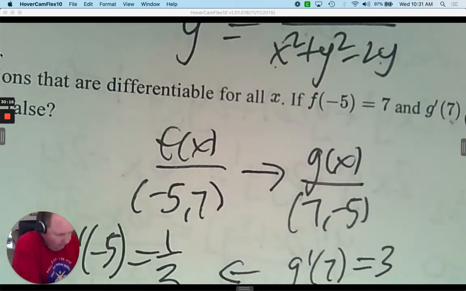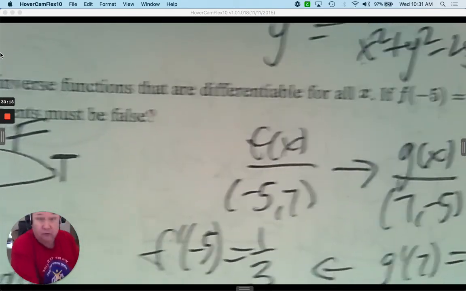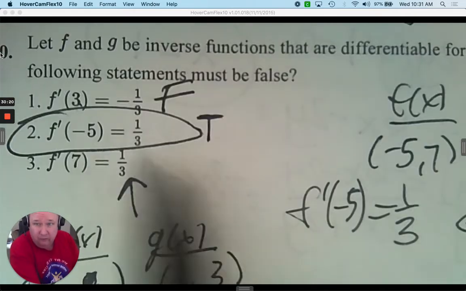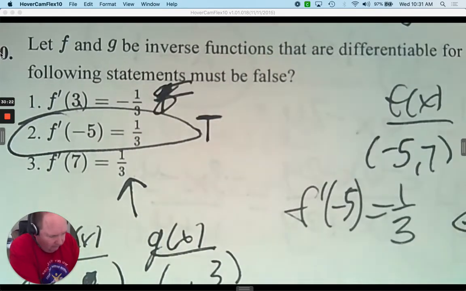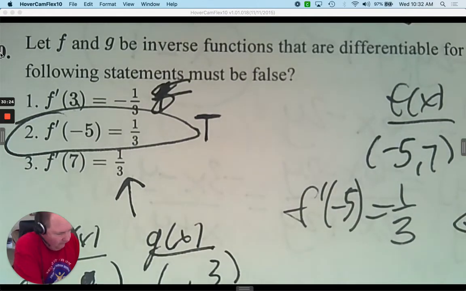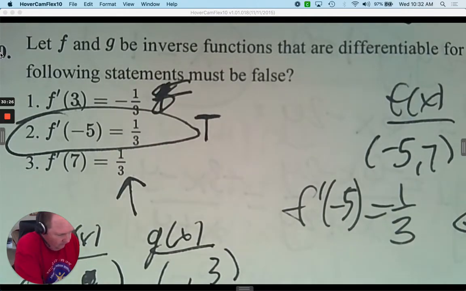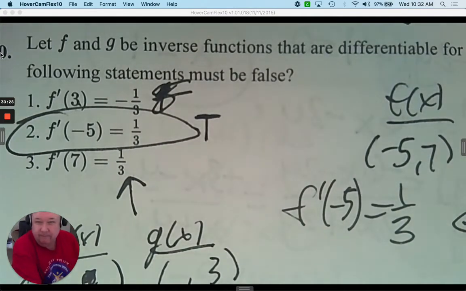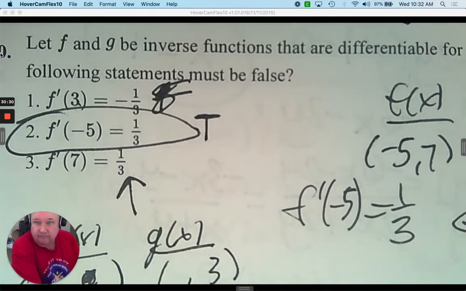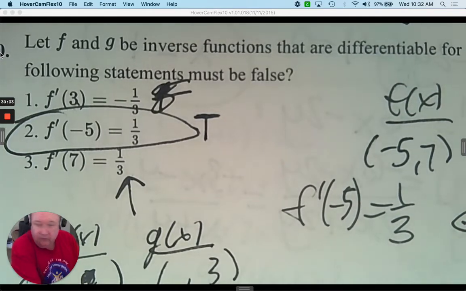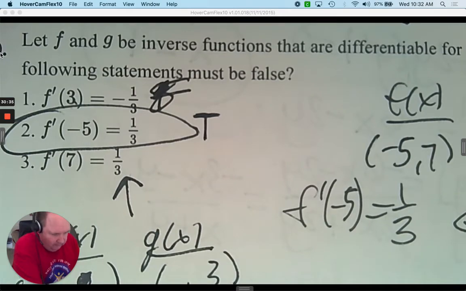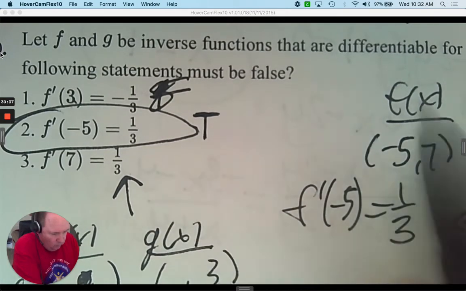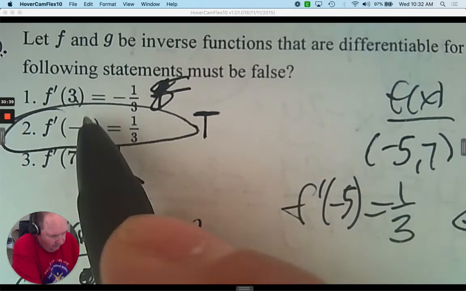Which one must be false? I know which one is true because I see the reciprocal relationship. So I know it's not 2. So is it 1 or is it 3? Let me just keep thinking through this.